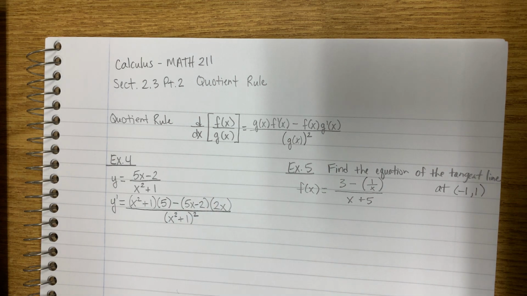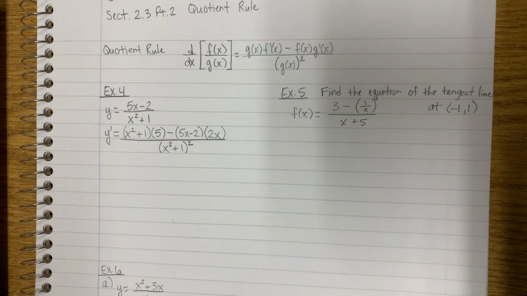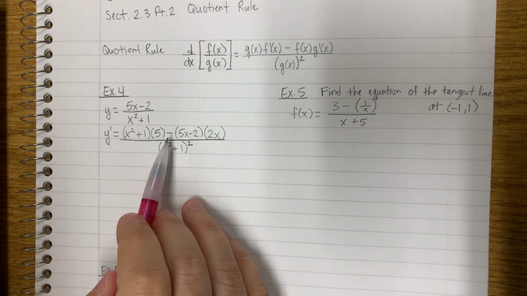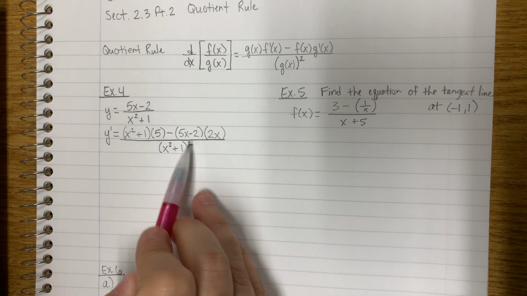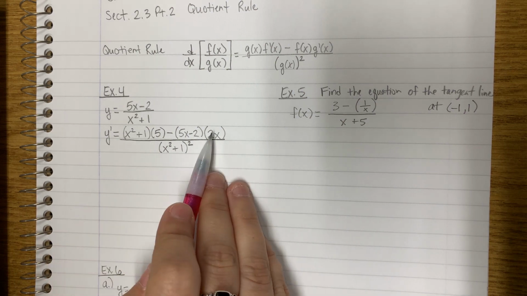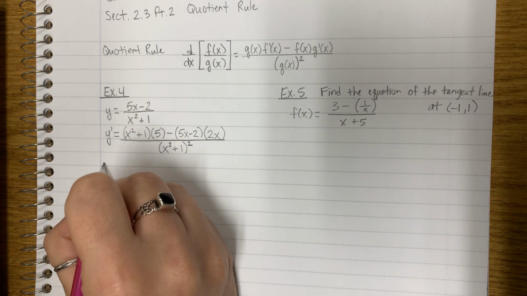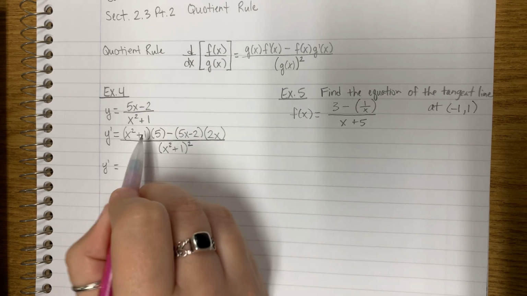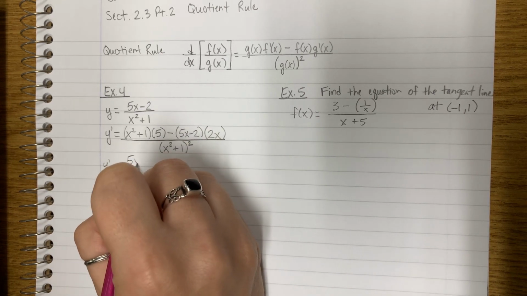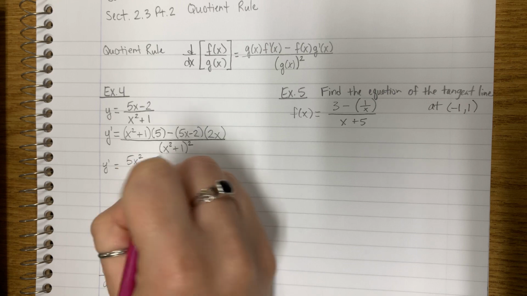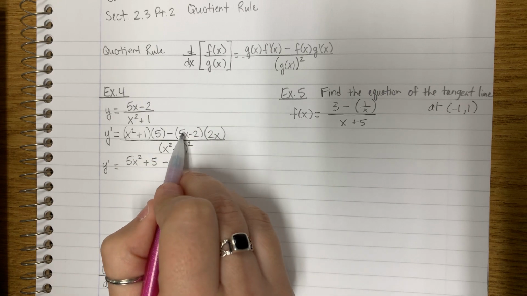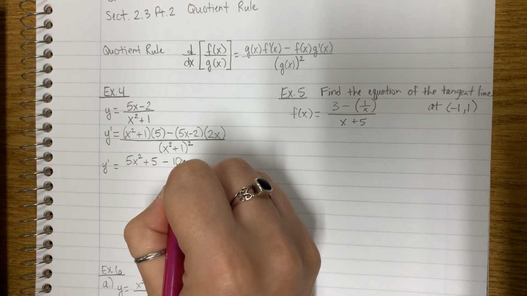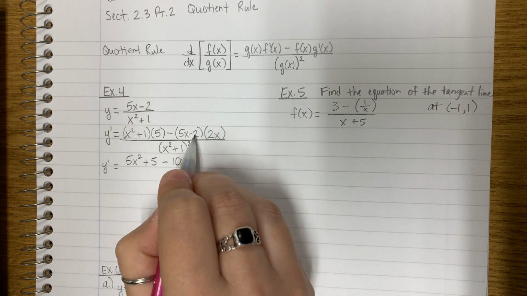squared. Now what you'll find is typically what they will do is just leave this one alone and simplify all of this top part. So that makes it a little bit easier. So let's just simplify this top. This would be a 5x squared plus 5 minus, if I distribute this, this would be a 10x squared and a plus.